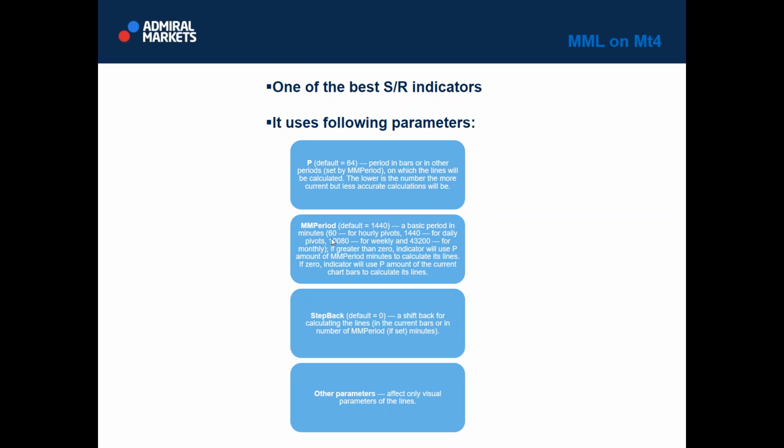And if you enter 60, it will be 1 hour pivots. If you enter 240, it will be 4 hour pivots, and so on. If greater than 0, the indicator will use that amount of period minutes to calculate its lines. So the Murrey period depends on the time frame.